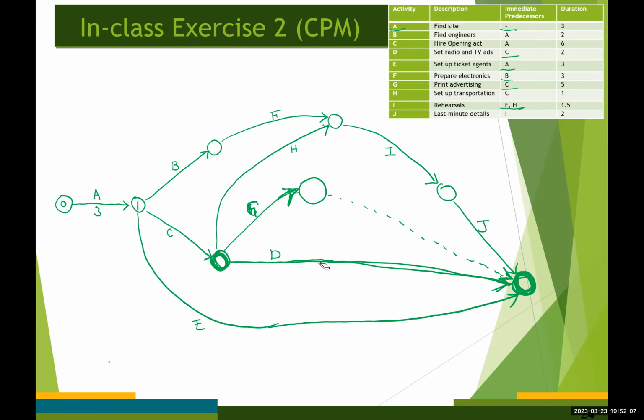Okay. So I believe this is the one, but we need to complete the network diagram by labeling each event. So again, ignoring both event number 0 and 1, these two nodes have no predecessors, so we can arbitrarily choose one. I'm going to go with this. This is going to be our event number 2.